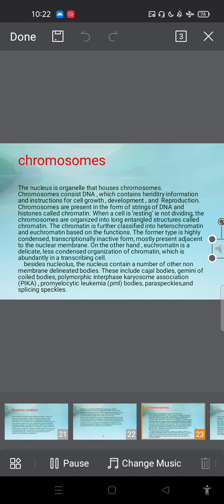Besides the nucleolus, the nucleus contains a number of other non-membrane delineated bodies. They include Cajal bodies, Gemini of coiled bodies, polymorphic interphase karyosomal association PIKA, promyelocytic leukemia PML bodies, and paraspeckles and splicing speckles.